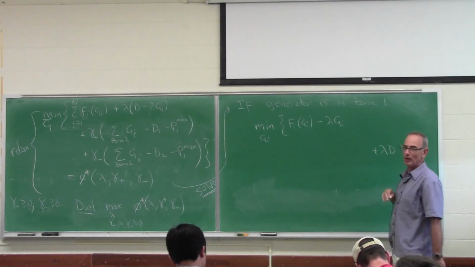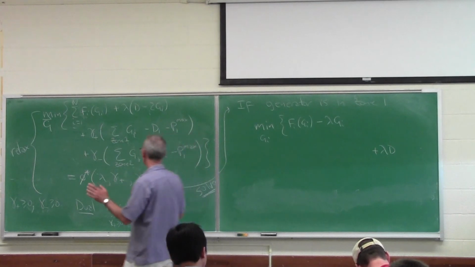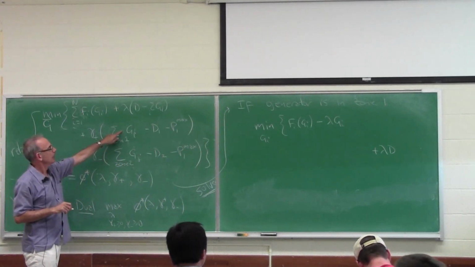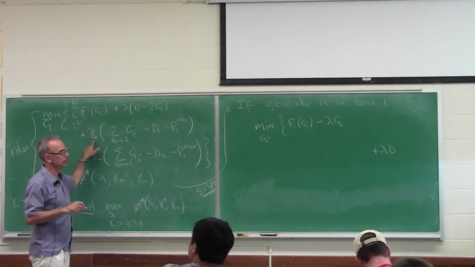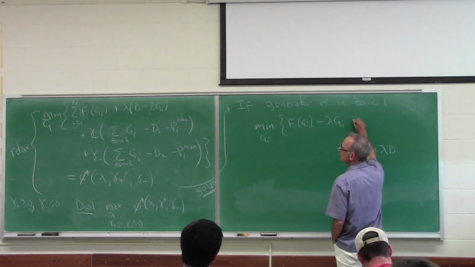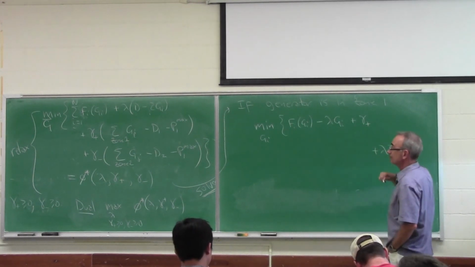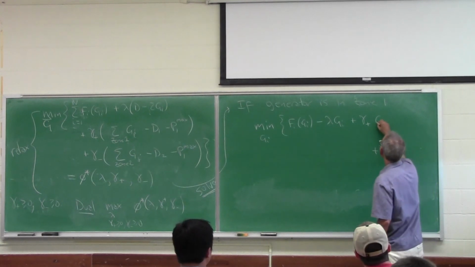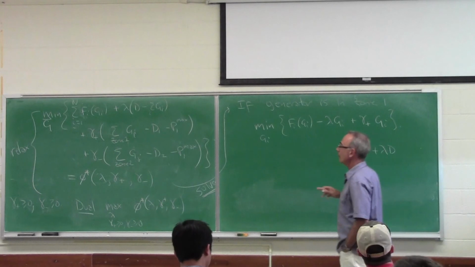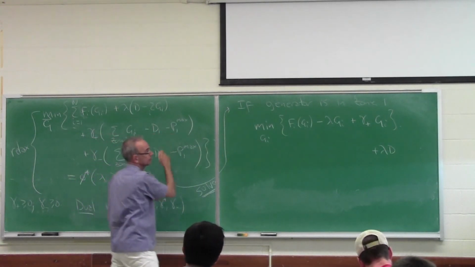Anything constant, I want to move outside. It doesn't affect my problem. And then I'm in zone 1, so I've got a gamma plus I have to worry about. And of course, then there's also the gamma plus times this business here.